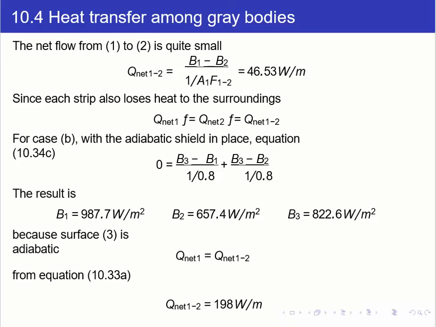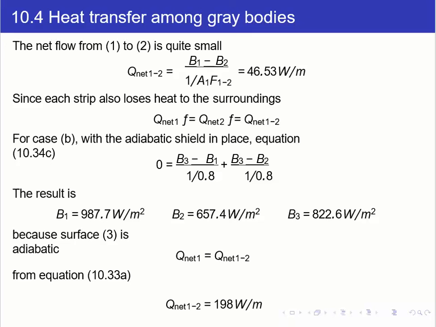Since each strip also loses heat to the surroundings, Q net 1 is equal to Q net 2 is equal to F Q net 1 to 2. When the adiabatic shield is placed between them, then 0 is equal to B3 minus B1 by 1 by 0.8 plus B3 minus B2 by 1 by 0.8.